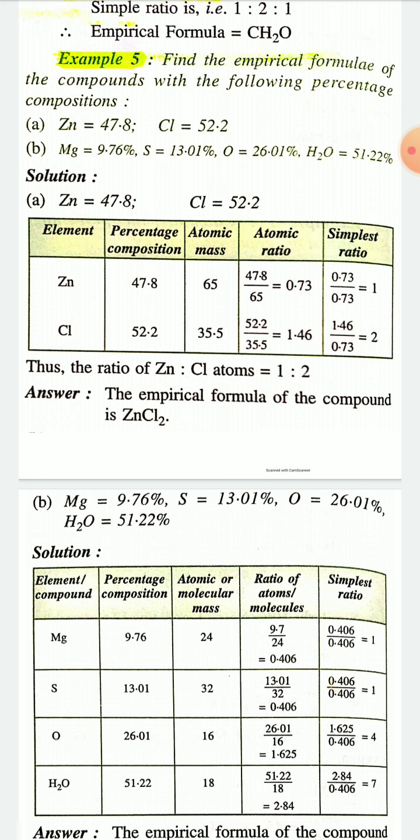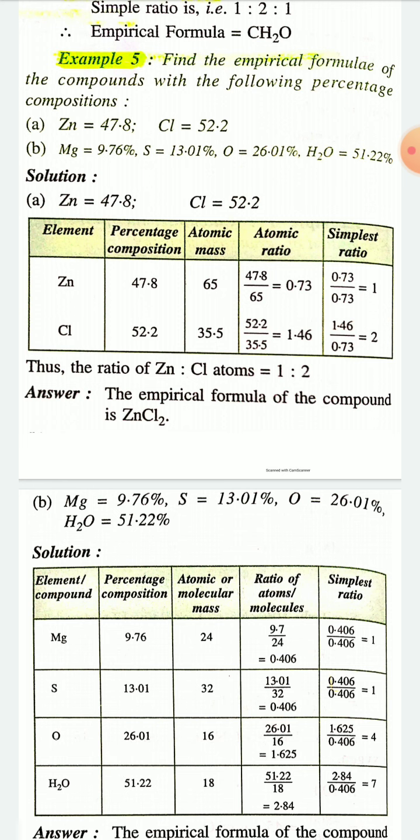So in example 5 you can see two questions. In the first question, see question number 5a, in this compound zinc is present 47.8% and chlorine is 52.2%. So you have to make a table with a total of 5 columns.